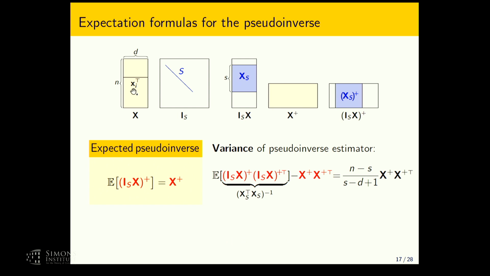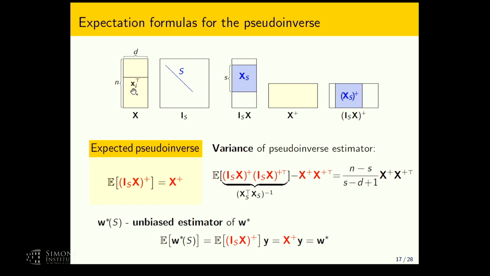I will not talk much about this, but it has interesting implications in experimental design and also in linear regression. There have been a number of papers that used a variance formula of this kind. In particular, the unbiasedness of this estimator immediately implies the unbiasedness of the least squares estimator, since we can just multiply this I_S X plus matrix with a vector y.